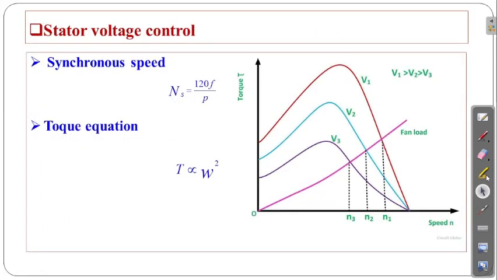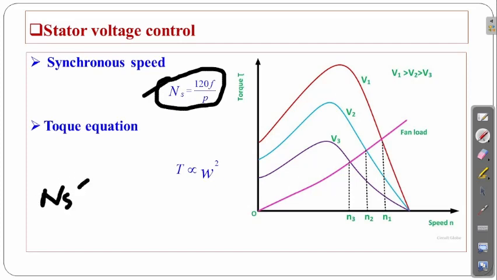As I said before, this is the main formula to find the speed. Ns equal to 120 f by p, where f is the frequency and p is the poles.